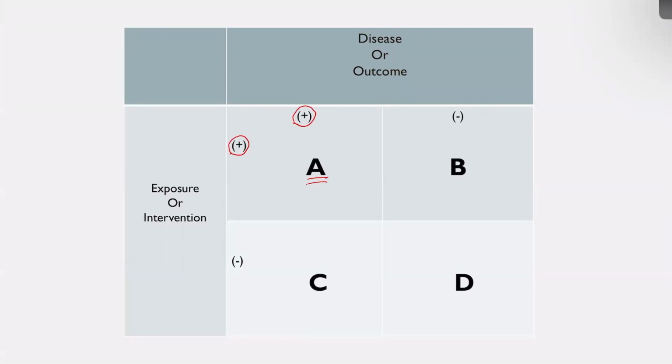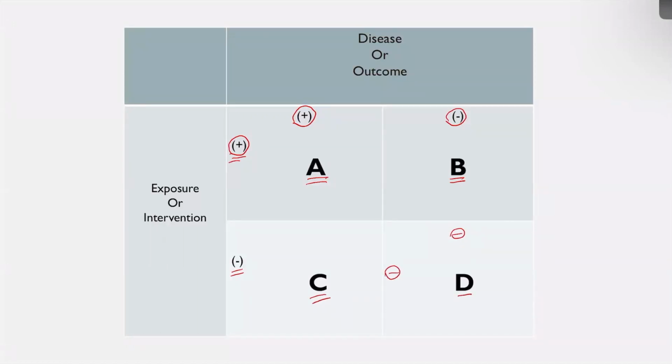If the disease is not present, but the exposure or intervention is present, then we have B. If the disease or outcome is present, but the exposure and intervention are not present, that is your C. If both the disease and the exposure, or the outcome and intervention, are absent, then you will have the letter D.